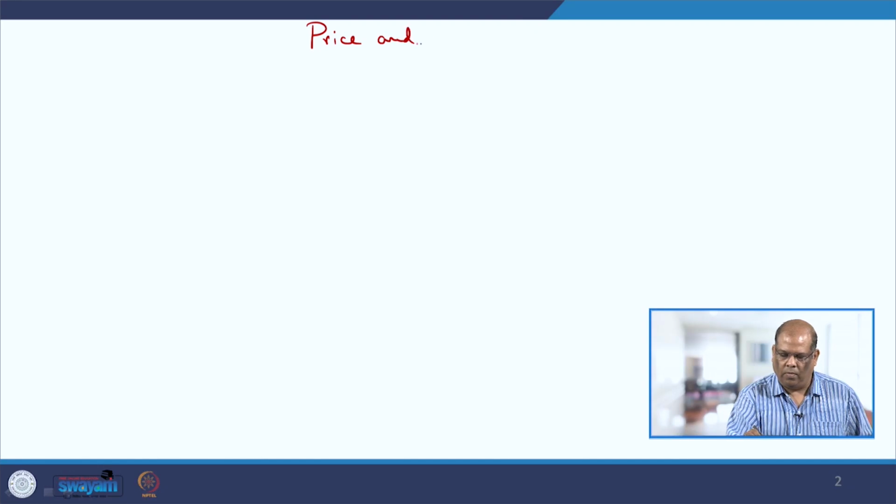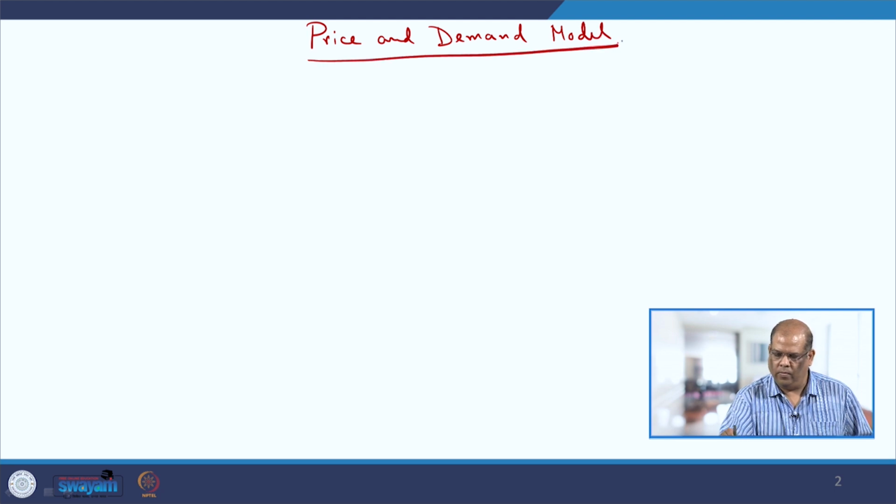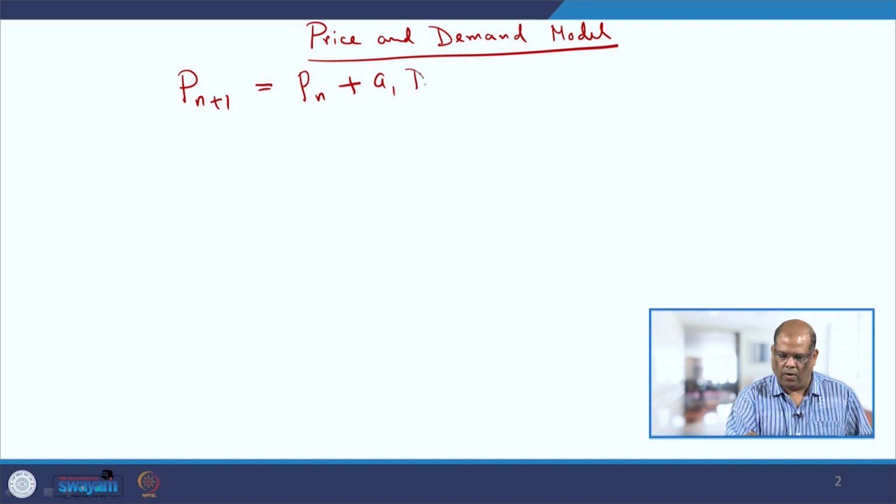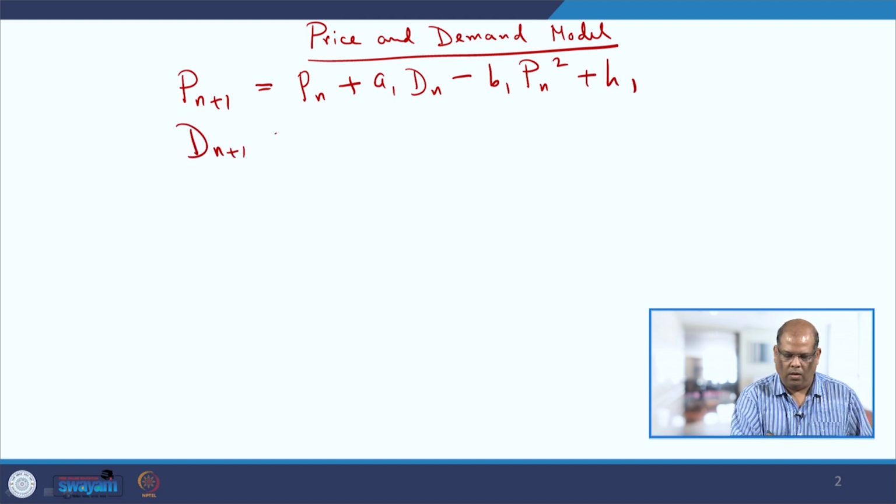So, let me start with two equations, the price and demand model. I have the price in this form and the demand in this form.